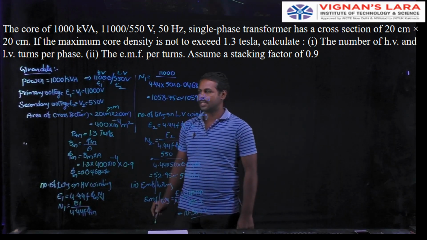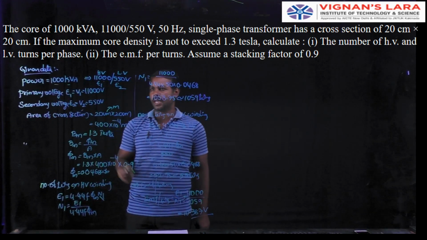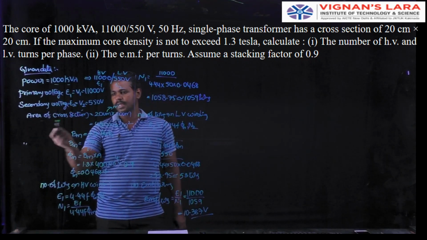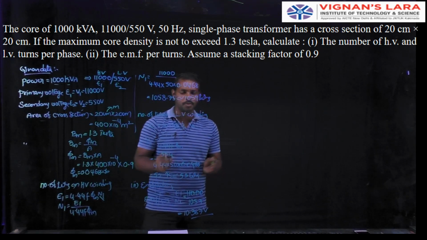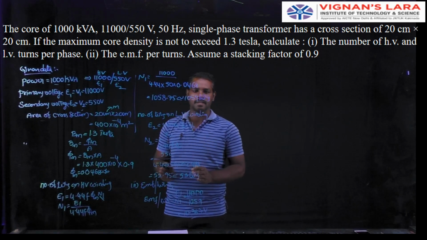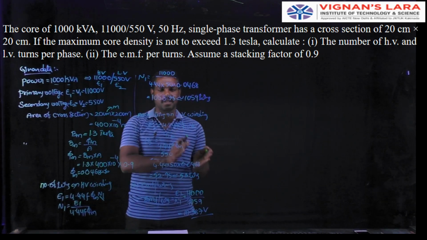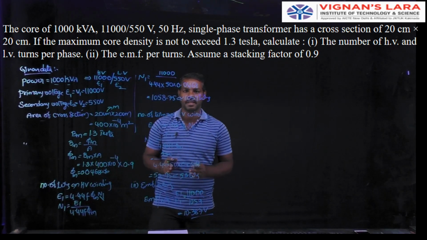In this, the rating of the transformer is 1000 kVA, with E1 and E2 as primary voltage and secondary voltage, and the area of cross section. Without a stacking factor given in the problem, we can't consider 0.8 or 0.9. Only if the given data says the stacking factor is so and so, then that value is multiplied with the area of cross section of a conductor.